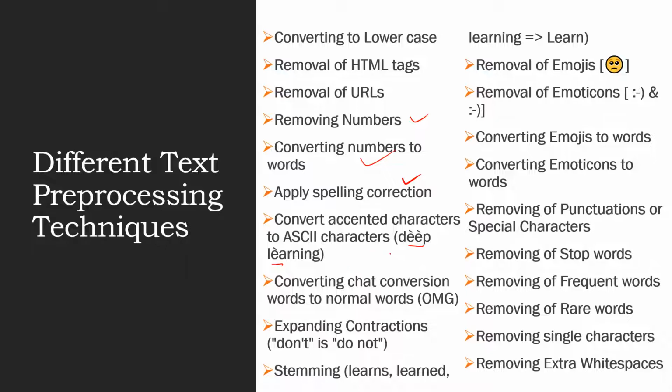What are ASCII characters? The normal E. So you can replace these with the ASCII E values. Sometimes you need to convert chat terms. Sometimes we put OMG for oh my god. So you need to remove these chatting terms, or convert them into the long form.